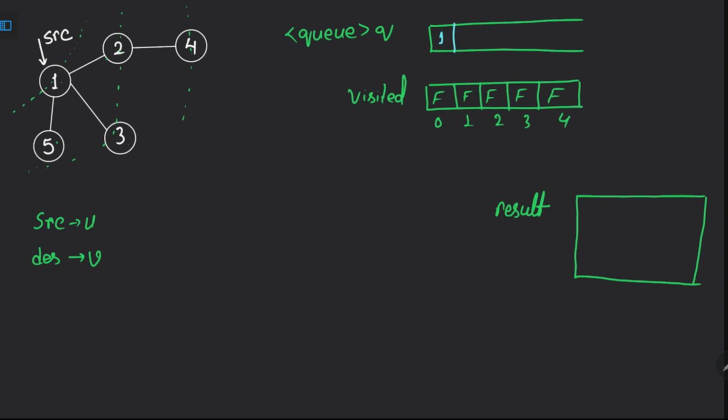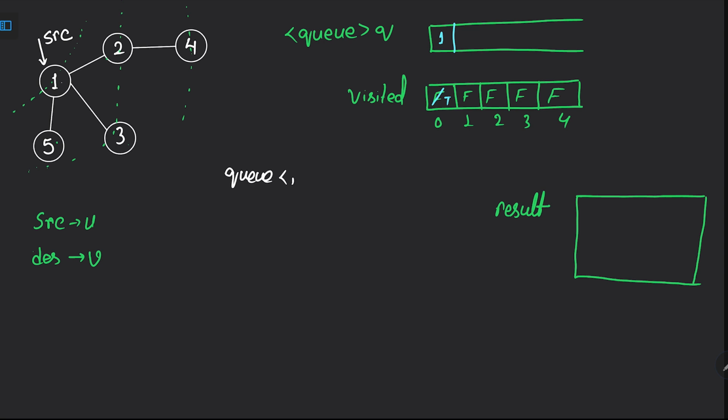Then this is also visited, so we will make this true. And then after visiting, we will check if the queue is empty, and pop this. We will write also pseudocode here.